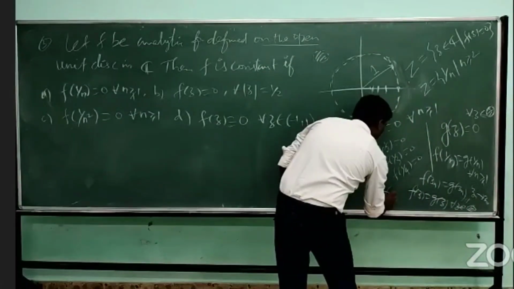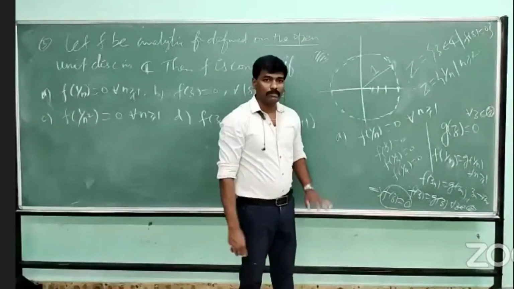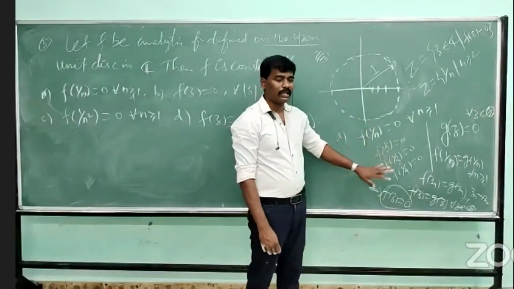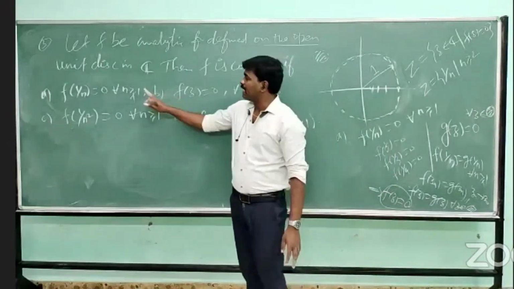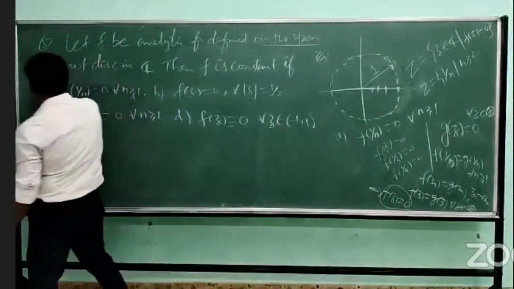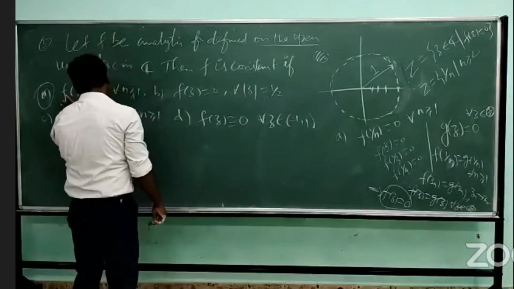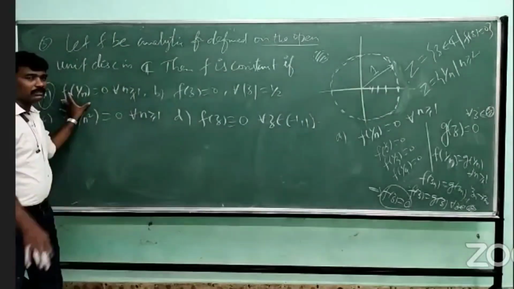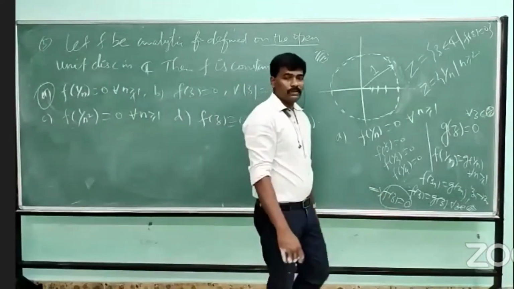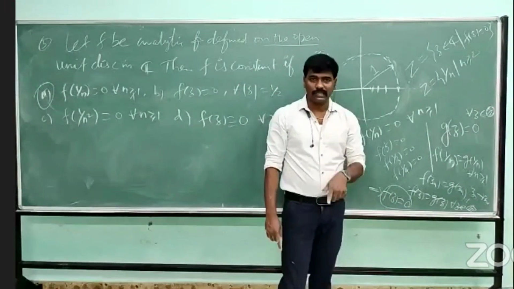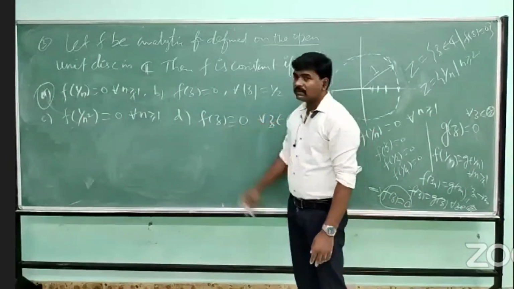This implies that f is only the zero function. Zero function is always constant. Therefore, option A is true. F is analytic, and if f has this property, then f should be the zero function, which implies f is constant. Is it clear? Okay, option A is true. What about this?